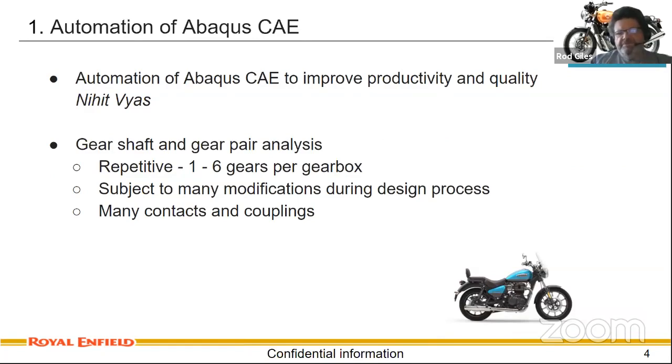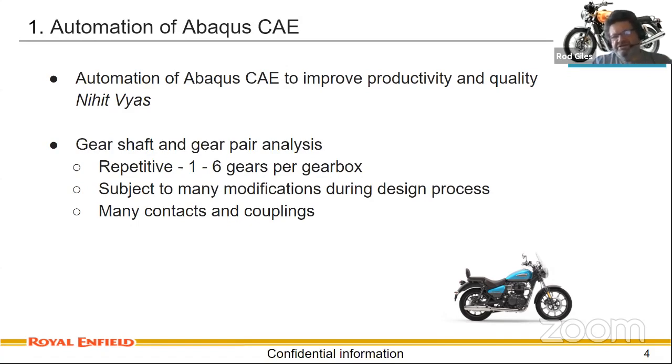So, first topic is the gearbox system, and we've got a couple of applications that we've developed leading on from the work that we did in partnership with TECHNIA some years ago now, looking at automating repetitive tasks in a gearbox. And this is very important because we have anything from 1 to 6 gears in a gearbox.